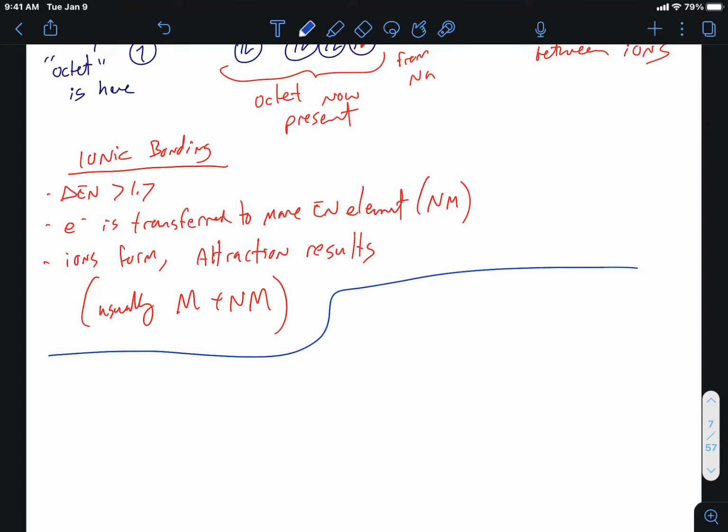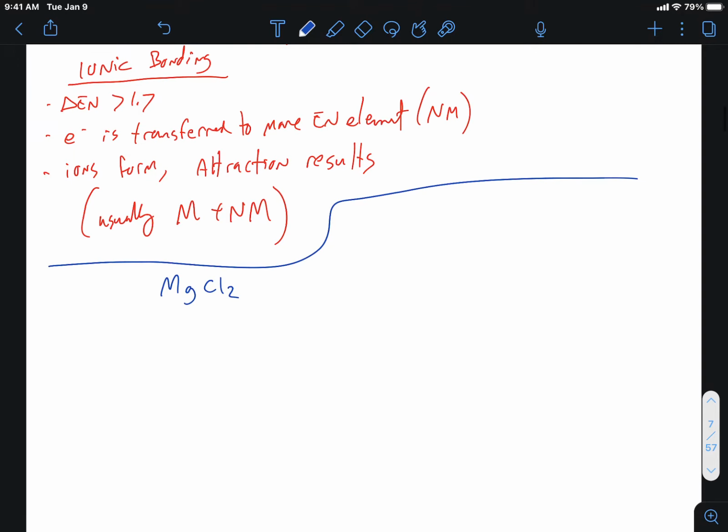So if we have a compound like magnesium chloride, for example, okay? Now, magnesium has 2 valence electrons. Chlorine has 7. But notice how there's 2 chlorines and 1 magnesium.